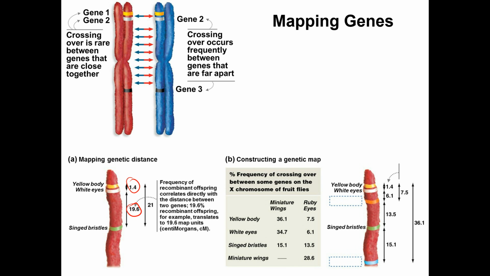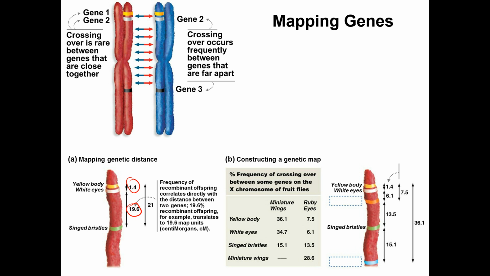Alright, so here we're going to construct a genetic map. We know the distance between singed bristles and white eyes. We know the distance between singed bristles and yellow body. We have two other genes we're throwing in there: miniature wings and ruby eyes.